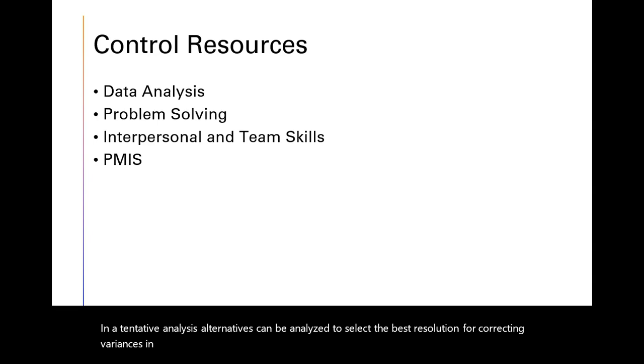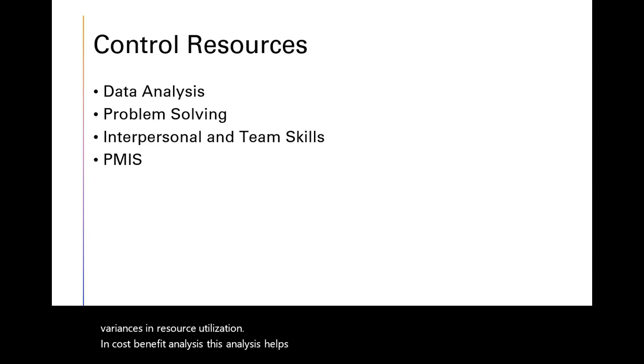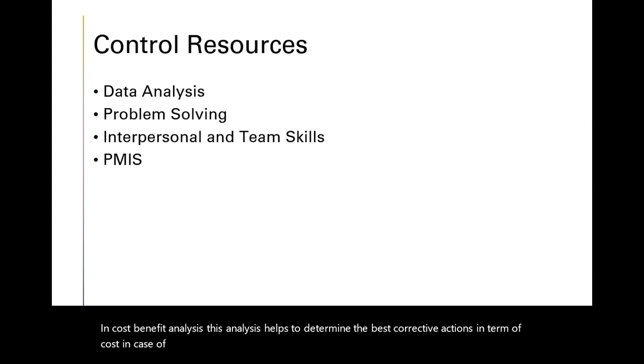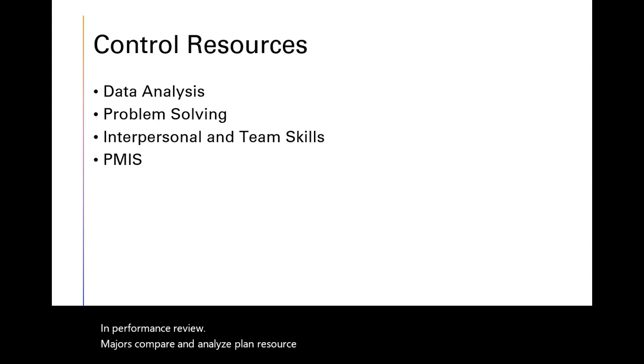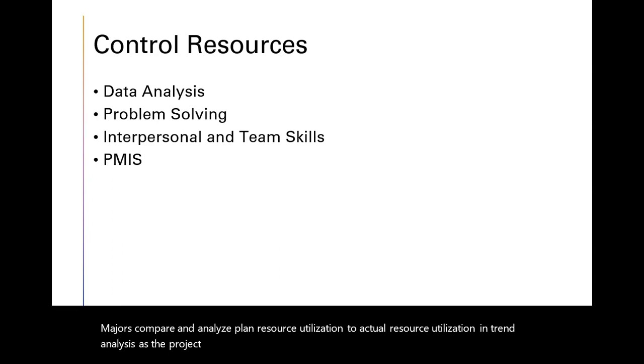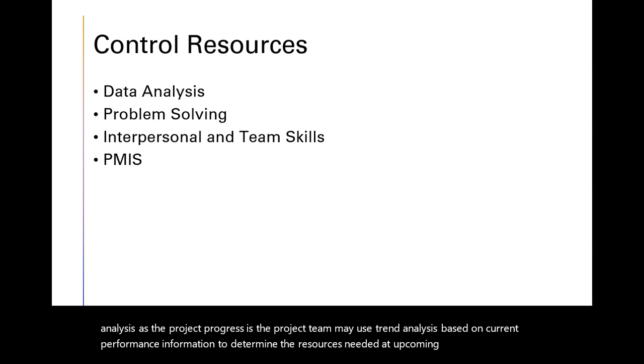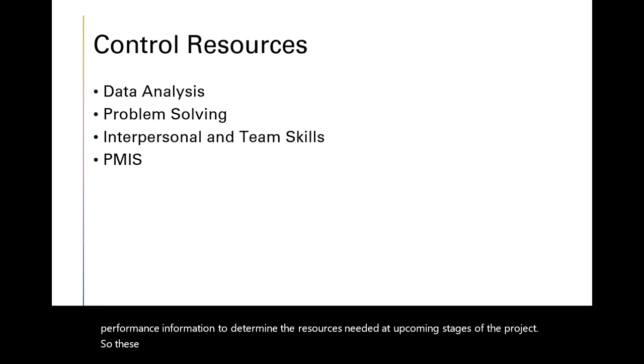In cost benefit analysis, this analysis helps to determine the best corrective actions in terms of cost in case of project deviation. Performance review measures, compares and analyzes planned resource utilization to actual resource utilization. In trend analysis, as the project progresses, the project team may use trend analysis based on current performance information to determine the resources needed at upcoming stages of the project. So these are the details of the data analysis tool and technique of control resources.